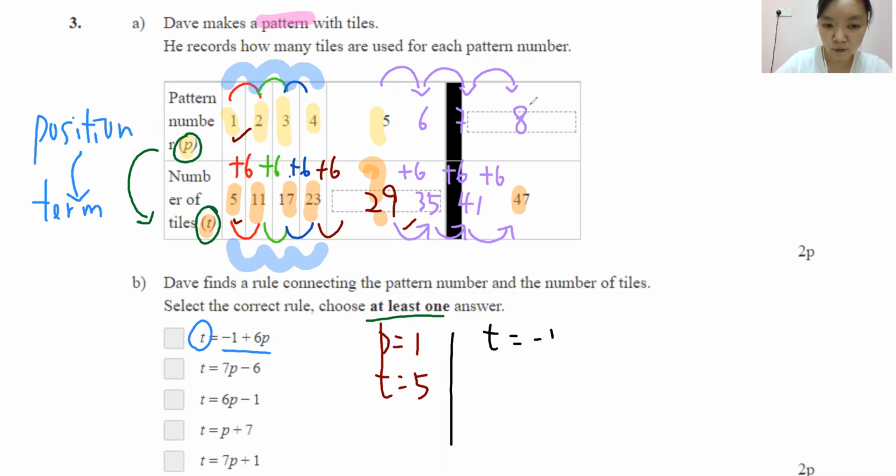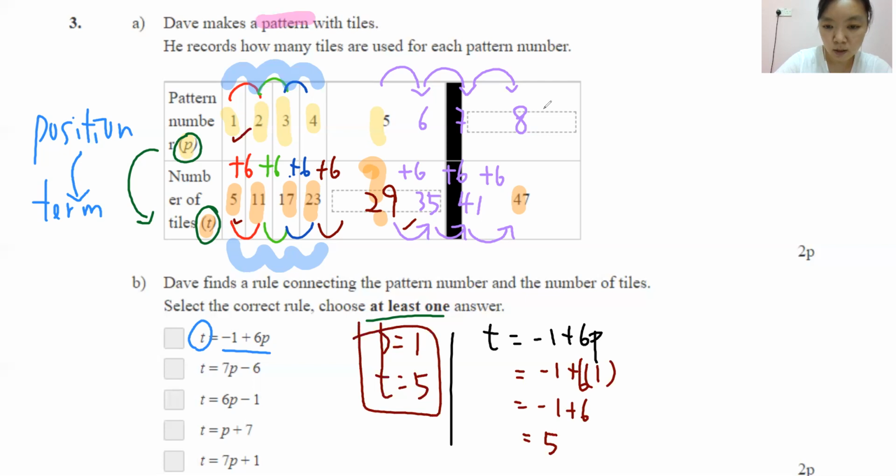T equals -1 plus 6P. I plug in my P, that's 1. Others remain the same. Oops, I missed out the 6. So 6 multiplied by 1 gets 6. Minus 1 plus 6 equals 5. So my T here is a match.